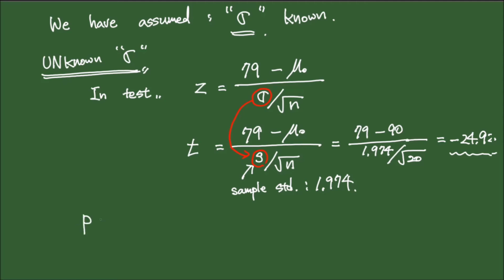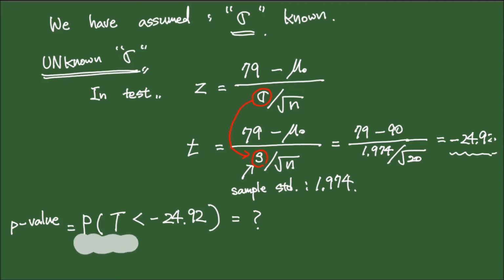The p-value is the probability that x bar is less than negative, I mean a random variable which follows the t distribution is less than negative 24.92. So how do we calculate the probability of this?